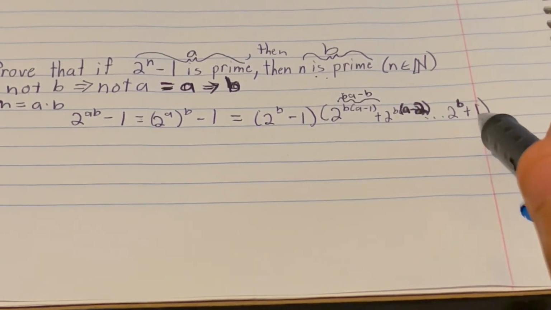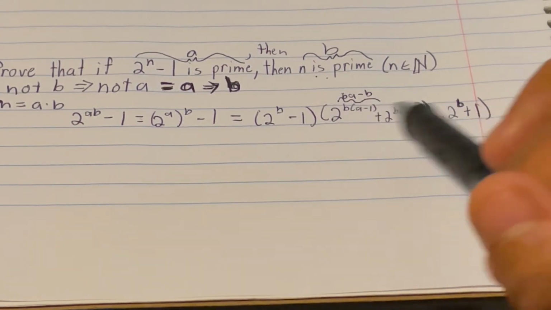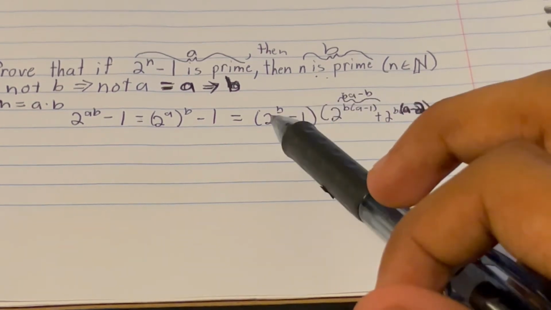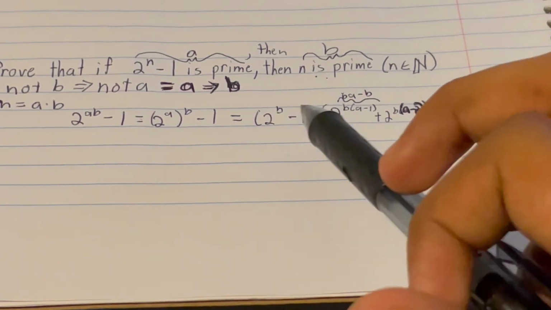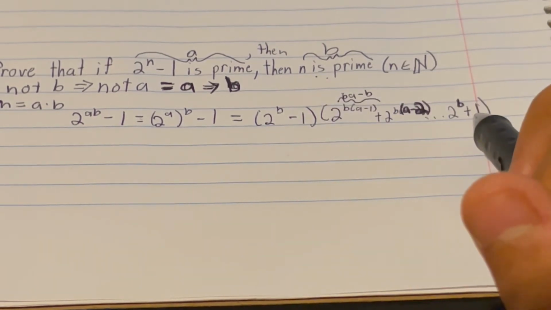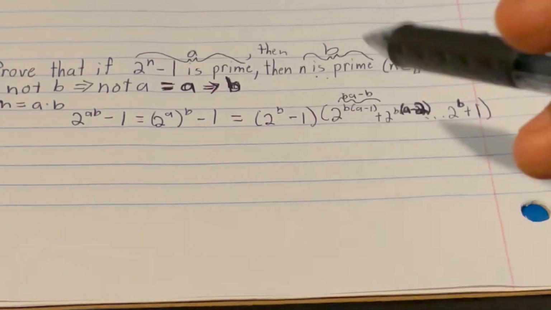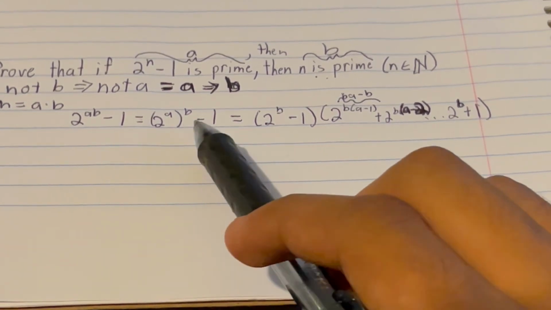And finally, there's this plus 1 over here. 2 to the power of b times 1 is just 2 to the power of b, but then it gets canceled out by this minus 1 times 2 to the power of b, positive 2 to the power of b minus 2 to the power of b canceled out. And finally, this minus 1 times this plus 1 is just minus 1, which is where we get this minus 1 from this original expression. So this is definitely equivalent to this expression.